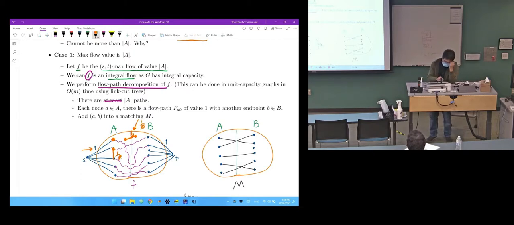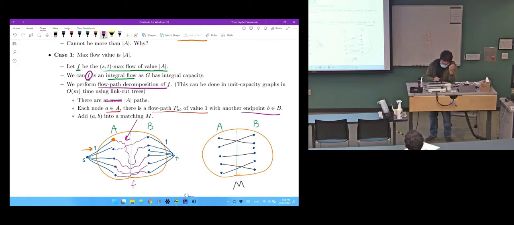So basically for every node in A, there is a flow path of value 1, and the endpoint will be some node in B. This is what you get from this flow. And now, note that from this flow path, you can really create a matching.